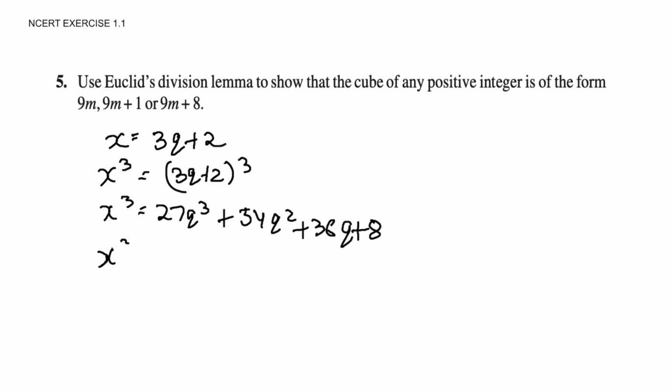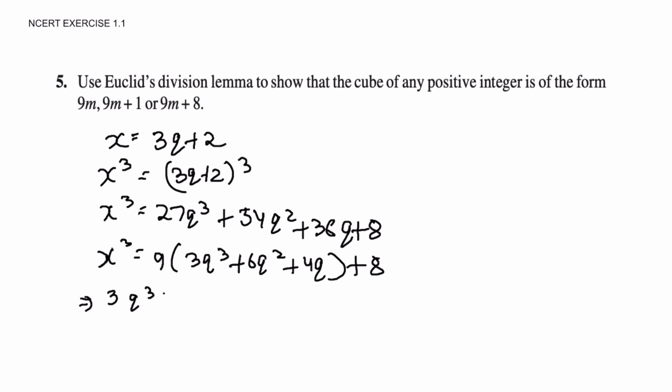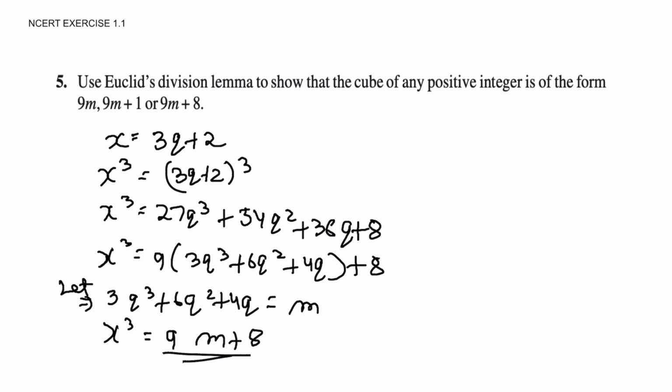Now x cube once again can be rewritten as, if we take out 9 as common, 3q cube plus 6q square plus 4q and then 8 at the end. Now I am sure that you already know what I am going to do here. I am going to take 3q cube plus 6q square plus 4q as m. Therefore x cube comes out to be 9m plus 8. So we have also proved the third part of it. So all these three are proved.